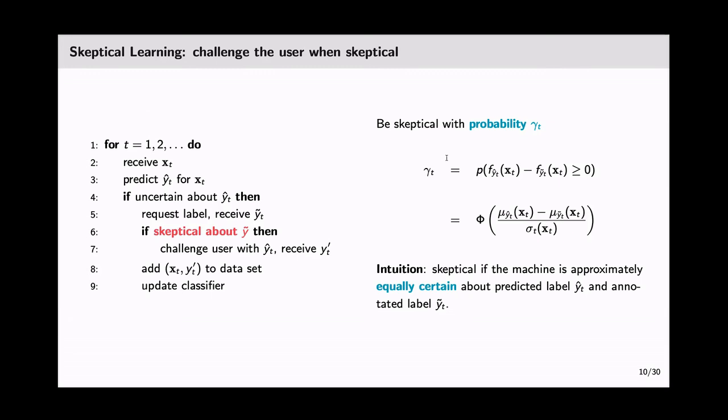If the difference between the two classes is higher, the probability that the machine will contradict the user is higher. The probability is always the output of the model, but evaluated on the class that is predicted and on the class provided by the user.